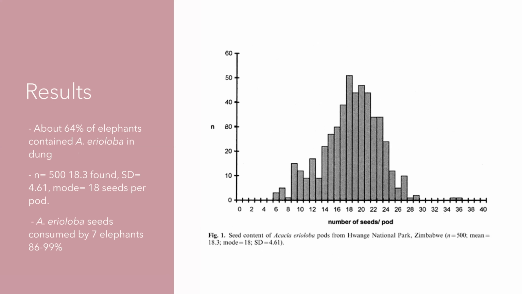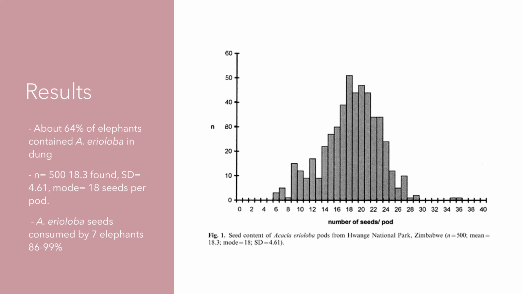Just a little bit about the results. About 64% of the elephants contained the erioloba in their dung. What that means is more than half of the elephants whose dung they dissected had the species they were looking for. The number of seeds in the whole study was 500, and of that 500, 18.3 were found on average.